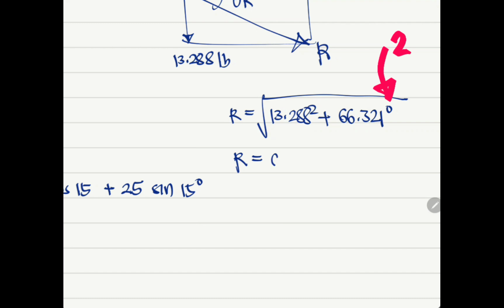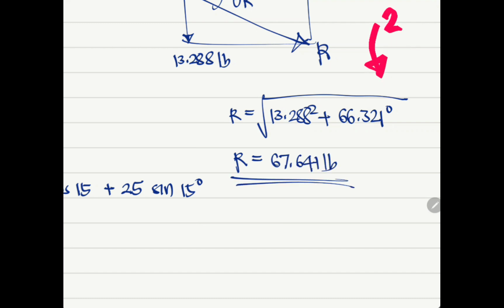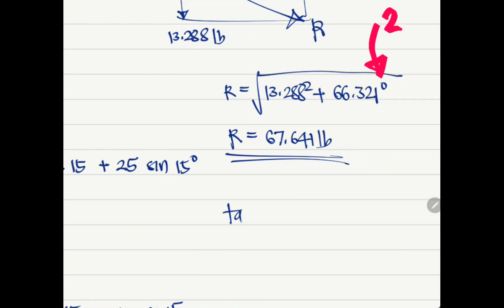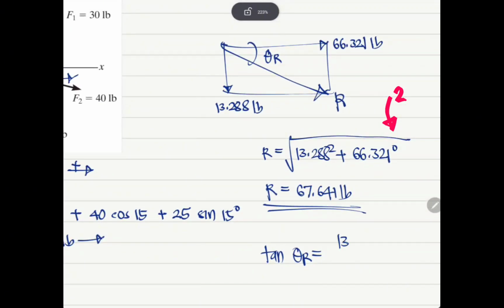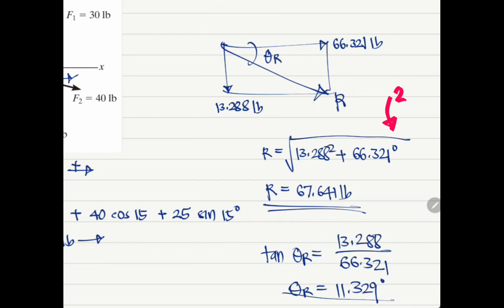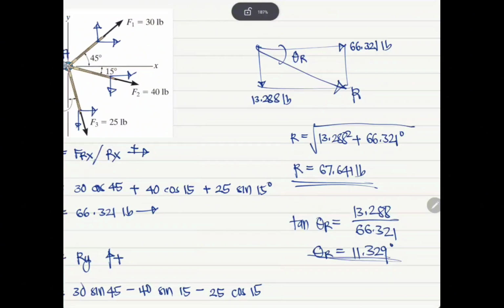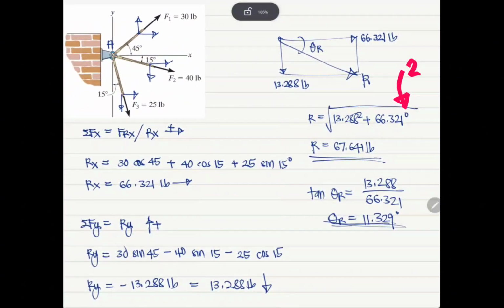R is equal to 67.641 pounds. Then to get the direction, tangent theta R is opposite 13.288 over 66.321. Theta R therefore is equal to 11.329 degrees. So that is the resultant force and its corresponding direction along the horizontal axis.